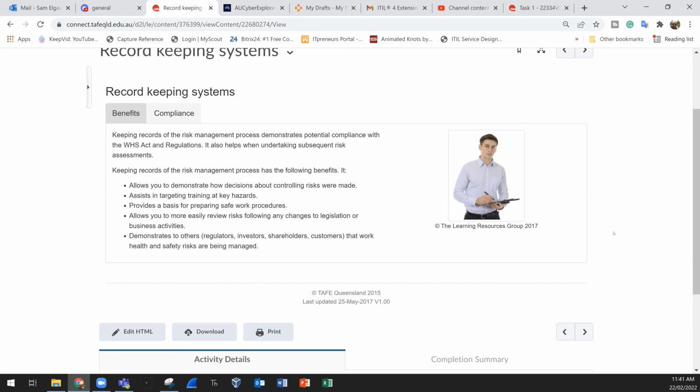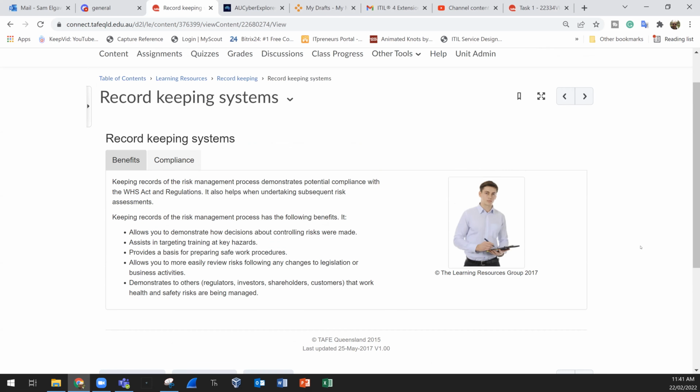So for example, what I have at my home, in my house, I have implemented some risk controls. So I have a smoke detector. I have a security system. I activate the security system once I leave the house.